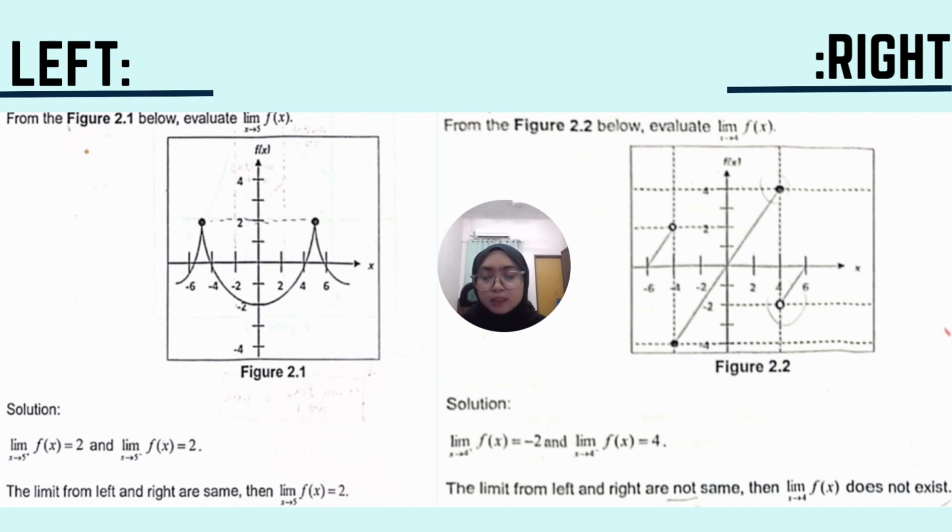Because the left limit, negative 2, is not equal to the right limit, 4, the overall limit does not exist at this point. In summary, a limit only exists if the function approaches the same value from the left and the right direction.